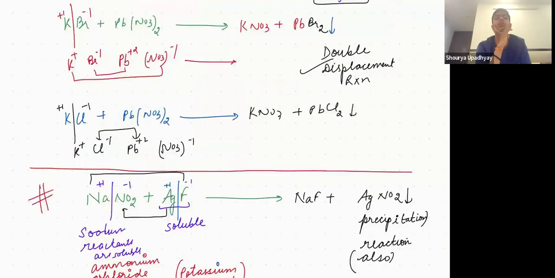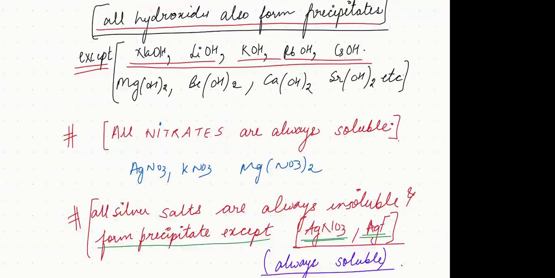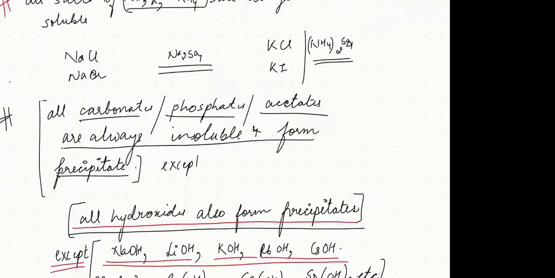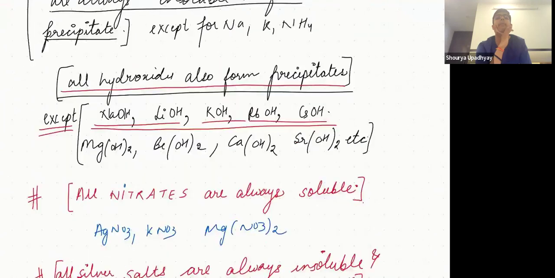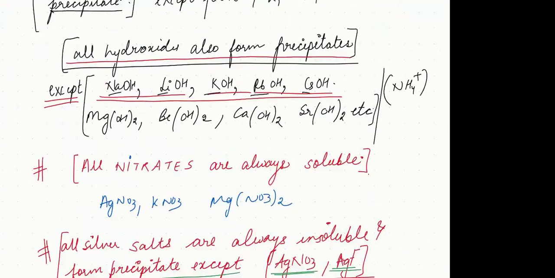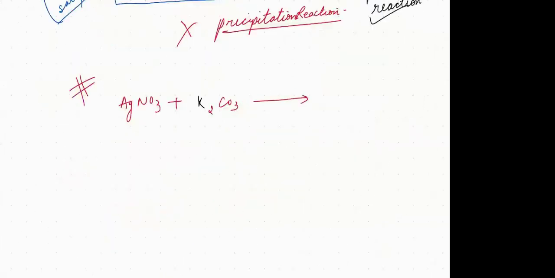Yes, obviously the rule you have learned already, so you have to remember: except for sodium, potassium, and ammonium. Similarly, all hydroxides are precipitates except for ammonium, lithium, strontium, rubidium, potassium, and sodium, etc. Did you understand?